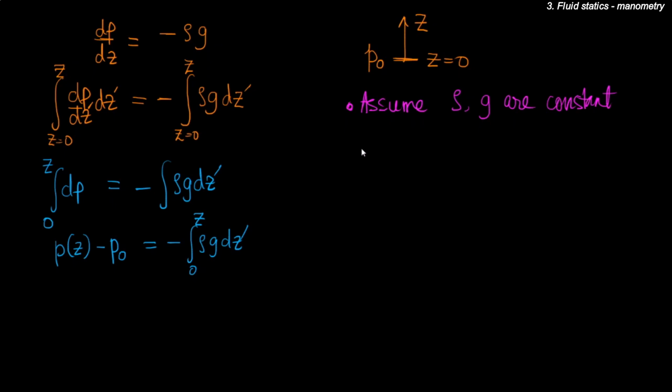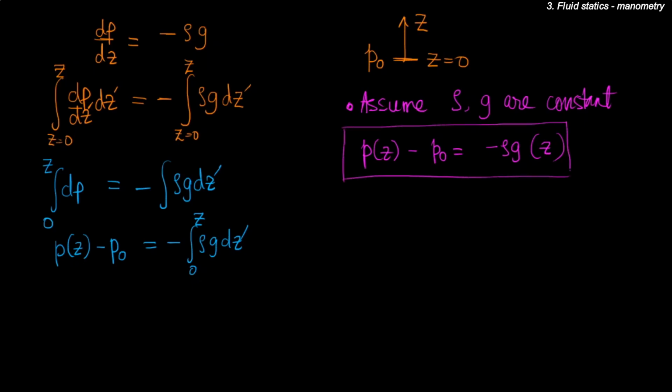Under that assumption, we have p at z minus p at 0 is equal to minus rho g times z minus 0, so essentially it becomes z. This is the expression for the pressure at a given z relative to the pressure at z equal to 0, which we denote as p naught.